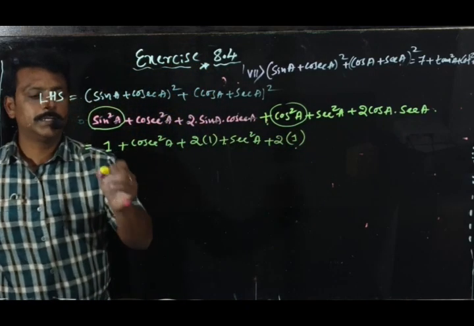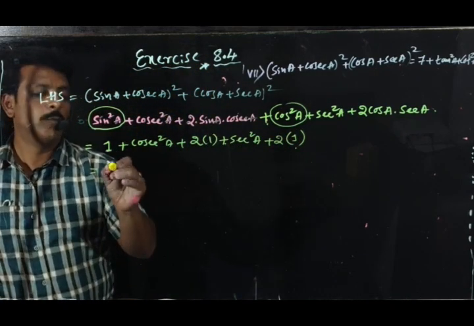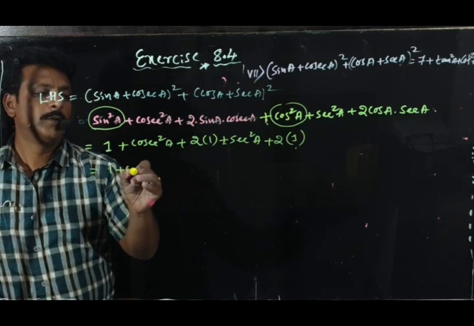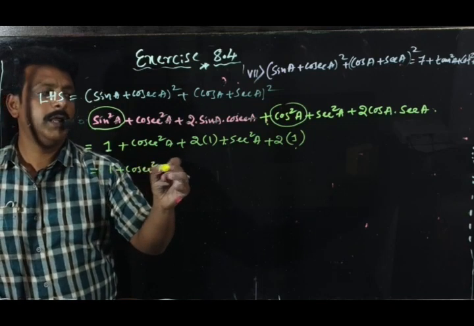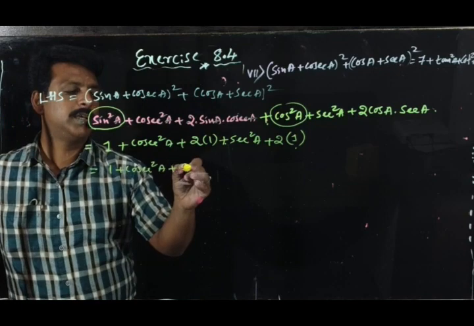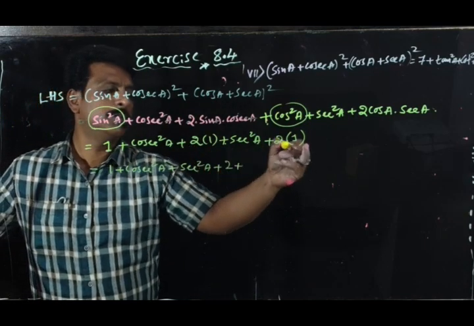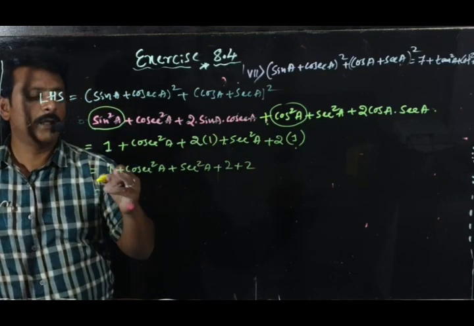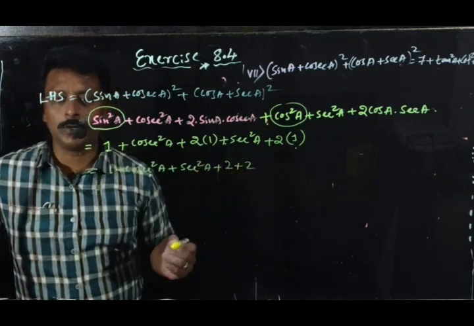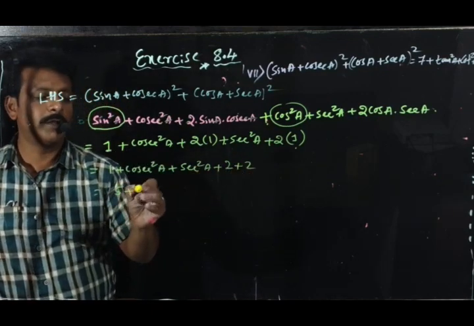Then we will get 1 plus cosec square A plus sec square A. 2 ones are 2. 2 ones are 2. Then add 1 plus 2 plus 2 is equal to how much? 5. Wow, sir, we got answer.